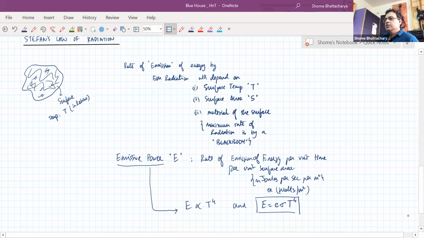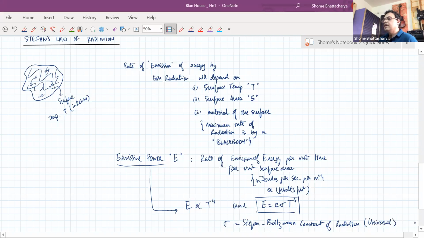Okay, so now in this equation, sir, here sigma is what? Can you explain again? So these are both constants. Here sigma is a universal constant called the Stefan Boltzmann constant of radiation. It does not depend on the material of the surface or the surrounding or anything else.